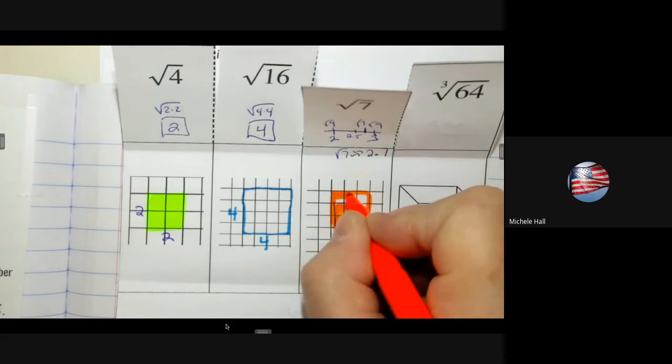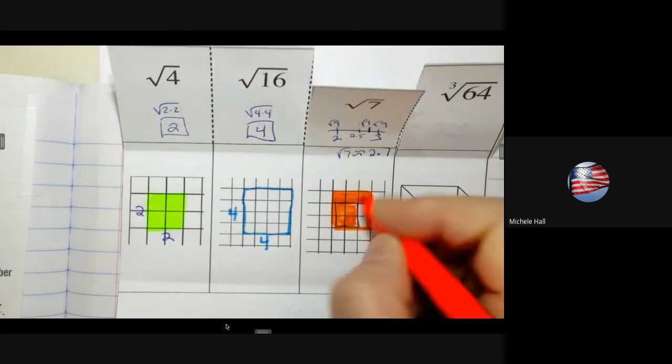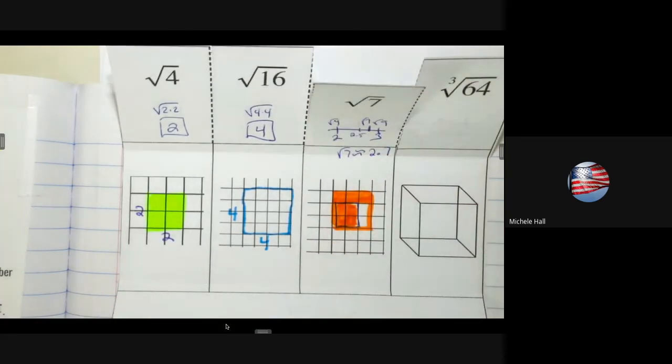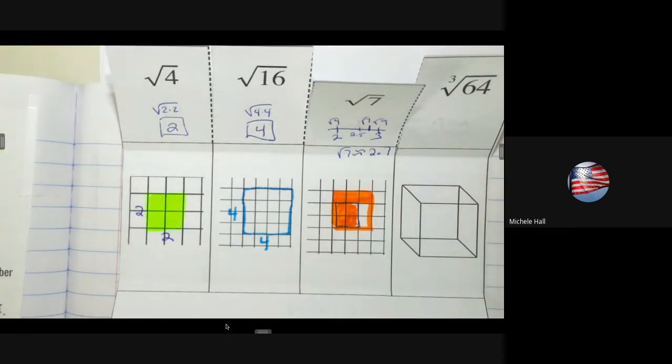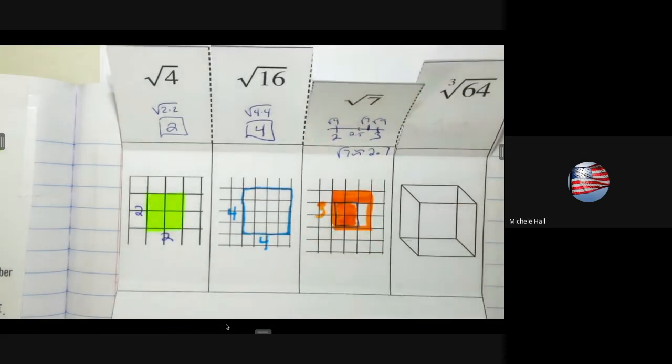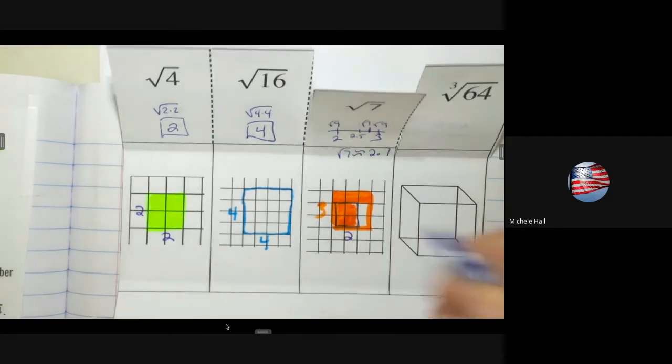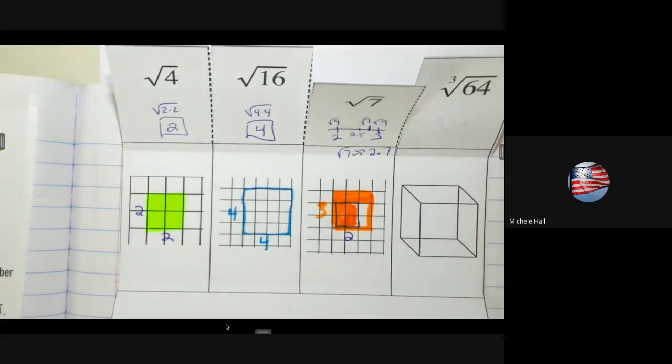It's going to be a little bit more of the 3 by 3, but not all of it. That's what the picture would look like. It's not exactly a 3 by 3, but it's more than a 2 by 2. It's not a complete square.